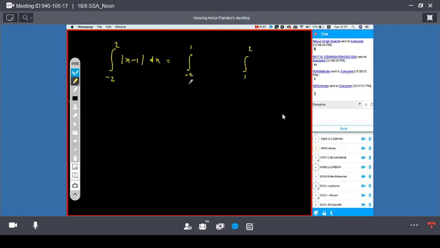So chalo, no problem. When we go from minus 2 to 1, beta, this function behaves like minus of x minus 1, whereas when we go from 1 to 2, the function behaves as it is.